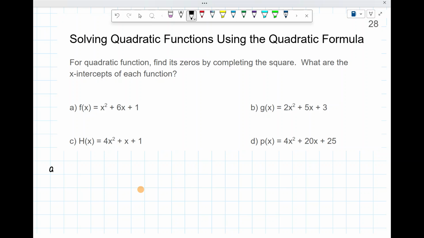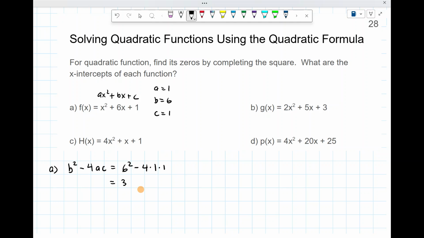For part A, notice we have ax squared plus bx plus c. So a is equal to 1, b is equal to 6, c is equal to 1. Our discriminant is b squared minus 4ac. So this is going to be 6 squared minus 4 times 1 times 1.